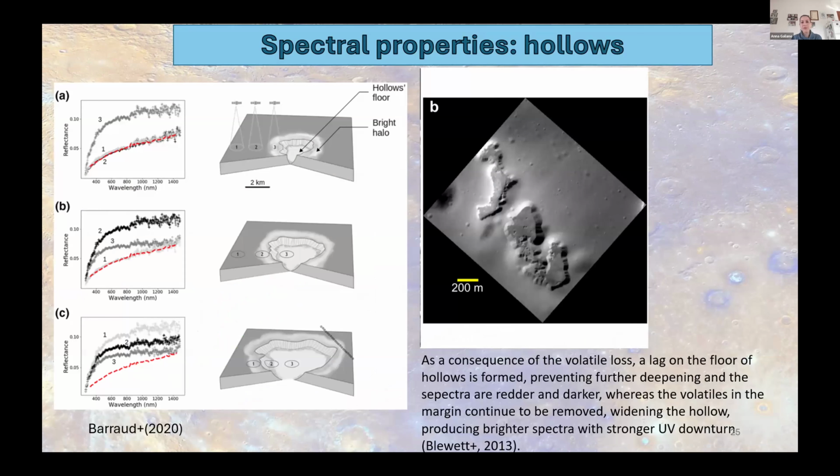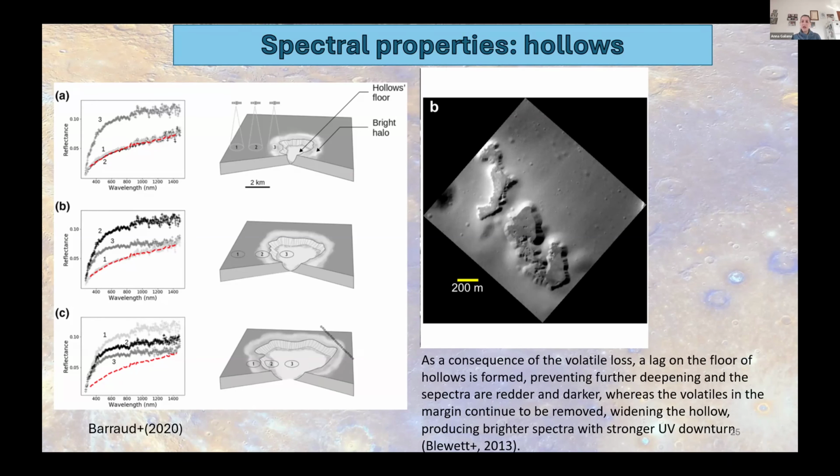And this is a consequence of the volatile loss, a sort of lag on the floor of hollows is formed. And this lag stops the formation of hollows, obtaining spectra which are redder and darker, more similar to the average Mercury terrains. Instead, on the edge of hollows in this area, where we can have the exposure of fresh material from mass wasting movements, the hollows can be active, can continue to grow, and so this produces a sort of widening of the hollow units.